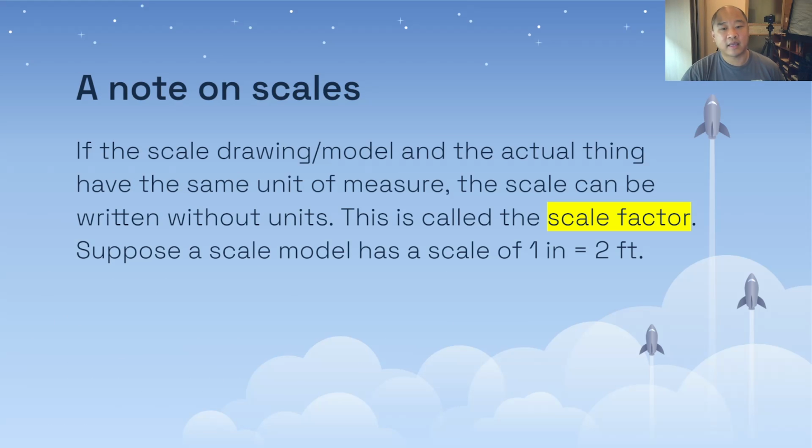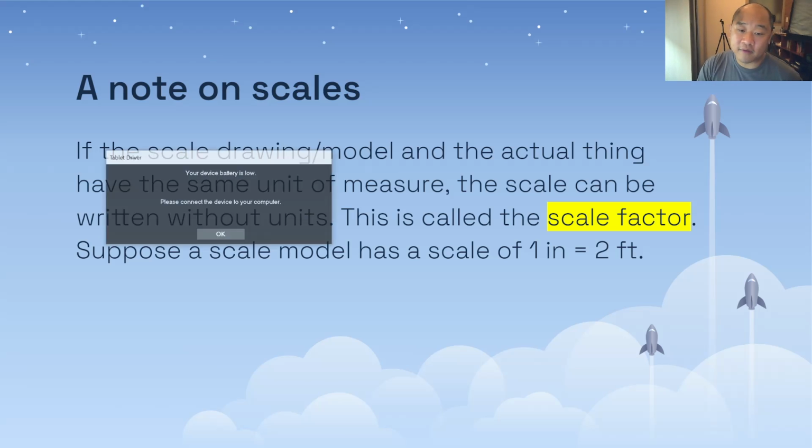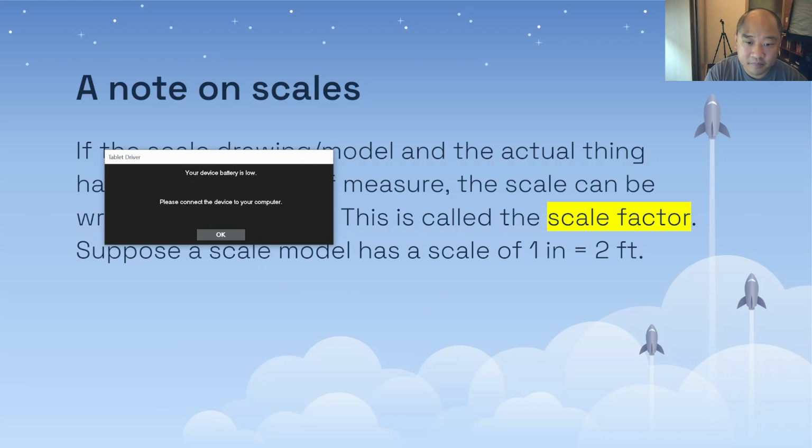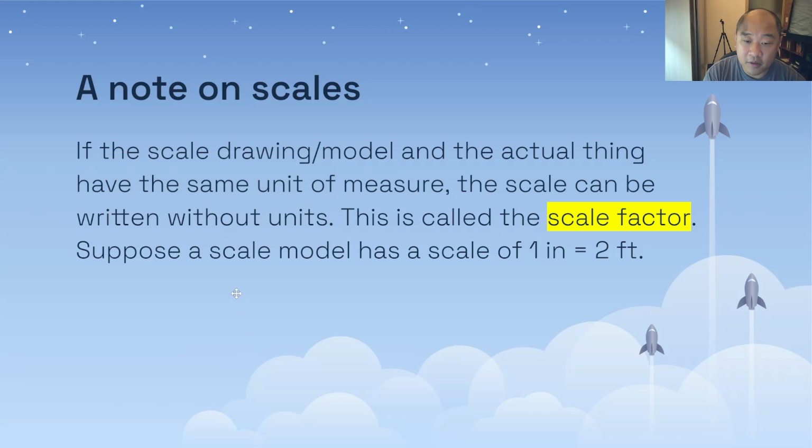A note on scales. If the scale drawing or the scale model and the actual thing have the same unit of measure, then the scale can be written without units. This is called a scale factor. So suppose a scale model has a scale of 1 inch to every 2 feet.